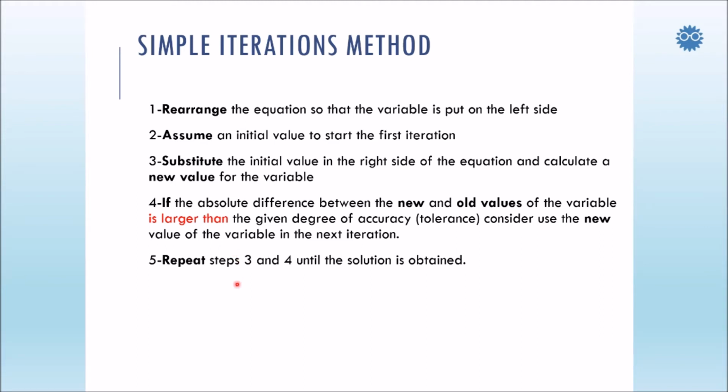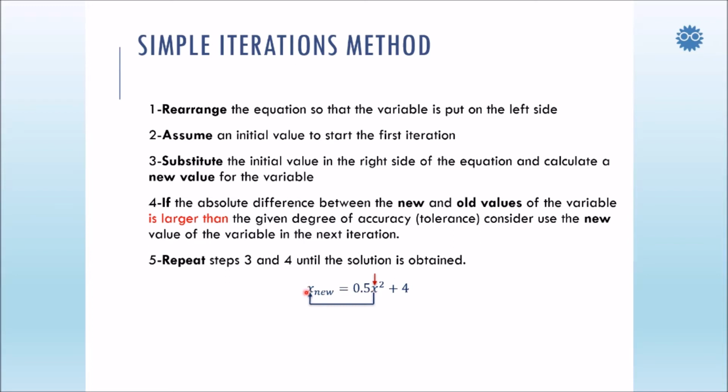Let's illustrate this algorithm up to this point in this simple illustration. For example, if we have this form, x new equals to 0.5 x squared plus 4. So first we substitute the initial guess in the right side. This will yield a new value for x.